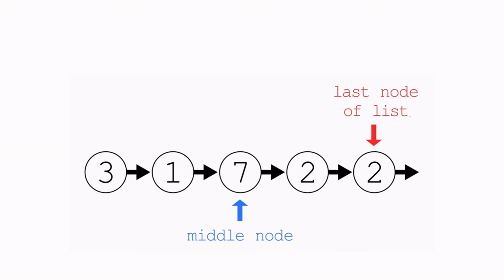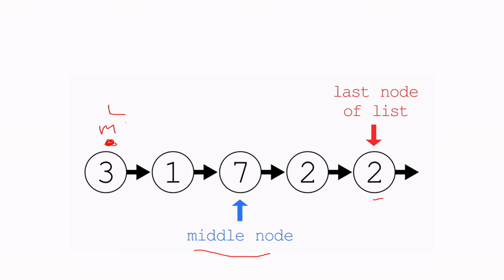Next we have an approach in which we can take two things, the middle node and the last node. As you can see, if we move from here and only one node is there, the middle will be this one, and the last node is also this one only.